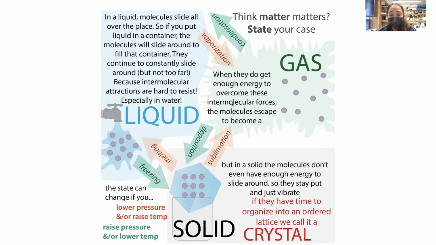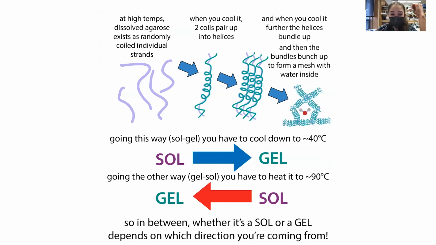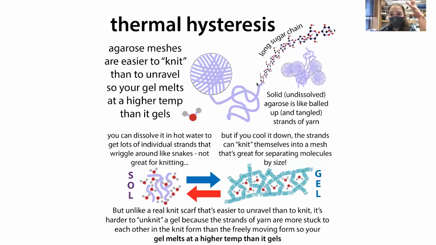When we think about a melting temperature, we're typically thinking about going from a solid to a liquid, and you would expect that to be the same as going from a liquid to a solid, because they're just two directions, right? Well, things get tricky with this sol-gel, because this actually involves thermal hysteresis, meaning those two temperatures are going to be different. It's not just the same.